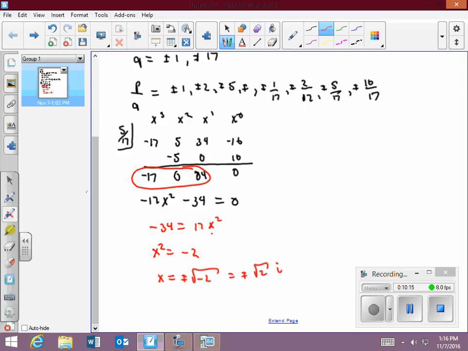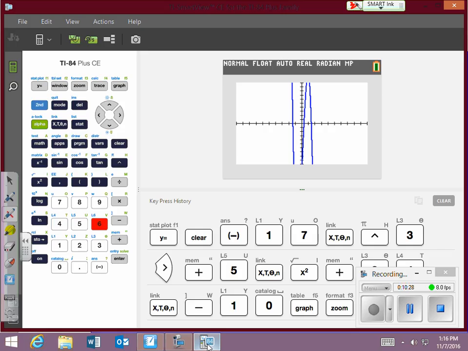Did I put that equation in there right? Because this says it has one real root and two complex, and it didn't appear to be that way.